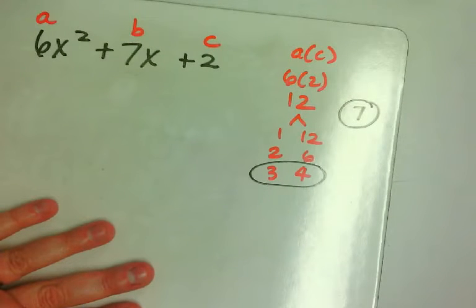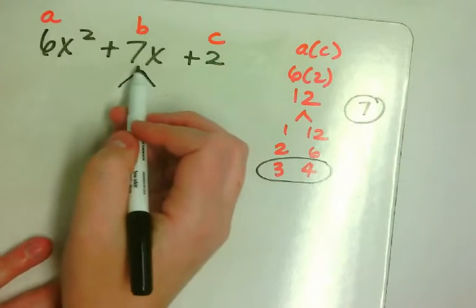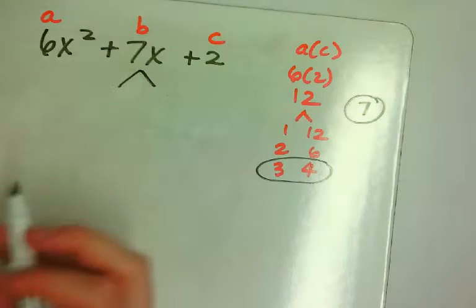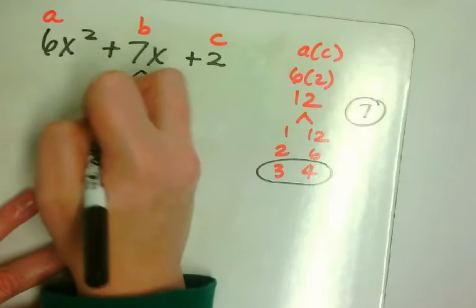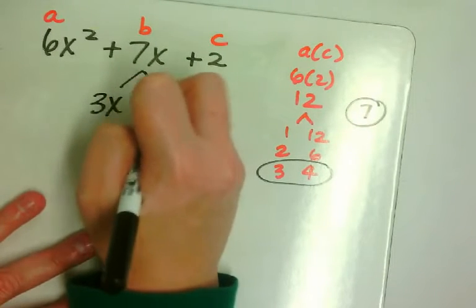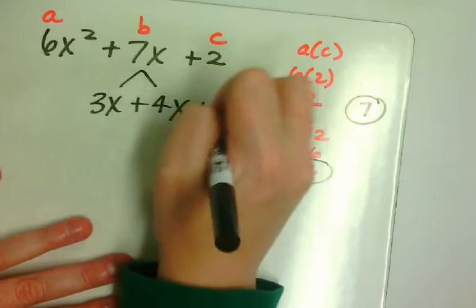So I told you this method is called split the middle, right? So what you're going to do is take the middle term and split it into 2 terms. So I have 3x and 4x. And then you just bring the rest of that trinomial down.